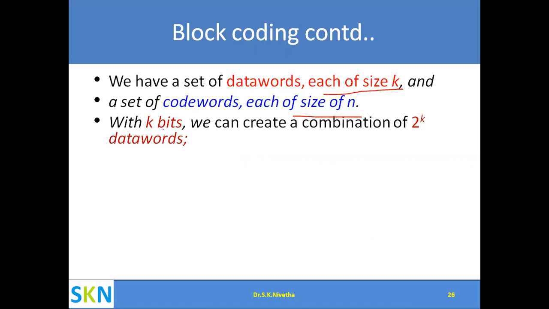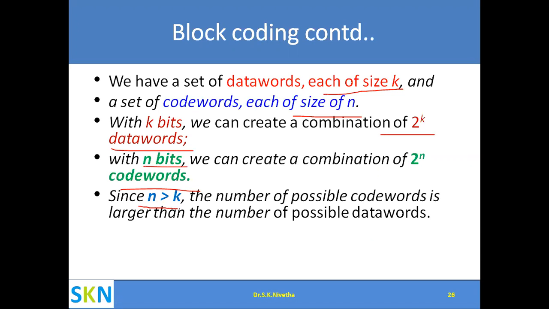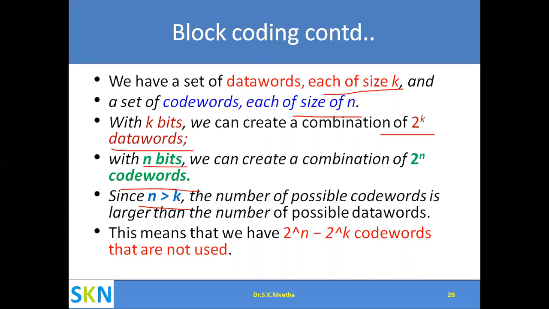With k bits, we can create 2 power k data words, and with n bits, we can create 2 power n code words. Since n is greater than k, the number of possible code words is larger than the number of possible data words. So some code words are not used, because we should preserve one-to-one mapping: one data word and the corresponding code word. Then only the receiver can accept it.